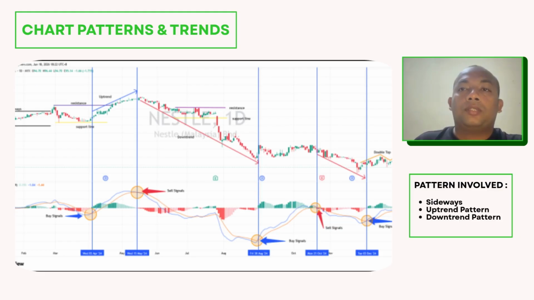Next, let's discuss the chart pattern and trend analysis. The stock initially moved in a sideways pattern when price appeared within a narrow range. After breaking above the level, the stock entered an uptrend, described by higher highs and higher lows.